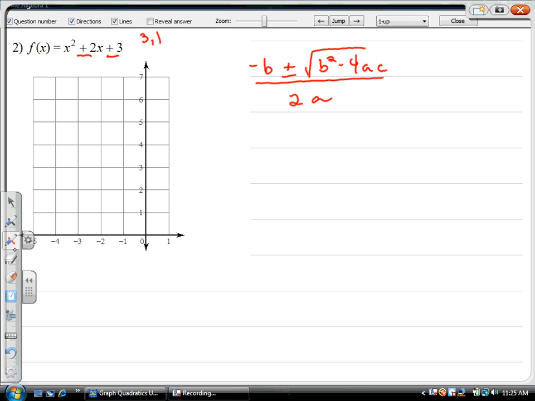Negative b is negative 2... plus or minus the square root of 2 squared minus 4 times 1, which is a, and 3, which is c, all over 2 times 1.